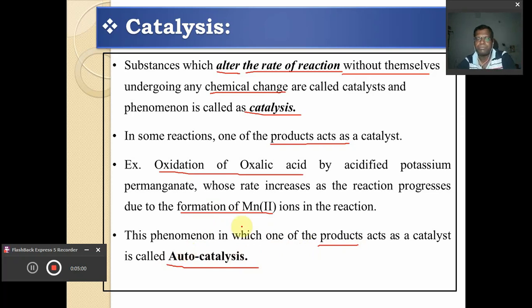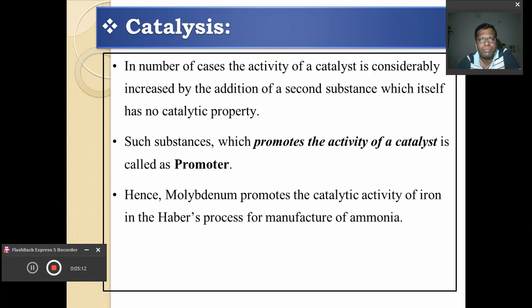So these are some concepts in catalysis. These are very important to know about the phenomenon of catalysis as well as what is meant by catalyst. Again, in some reactions you will find the activity of the catalyst is considerably increased or enhanced by the addition of some other, second substance which itself does not have any catalytic property.